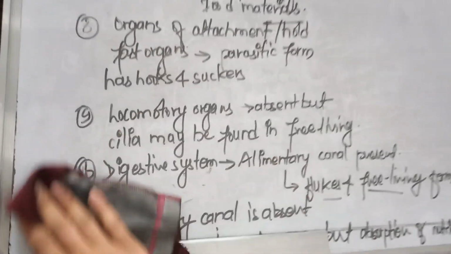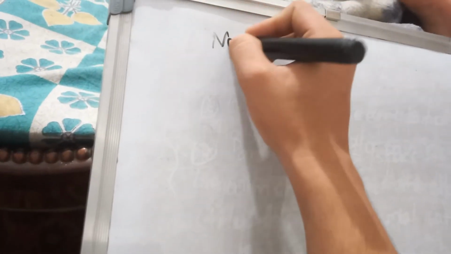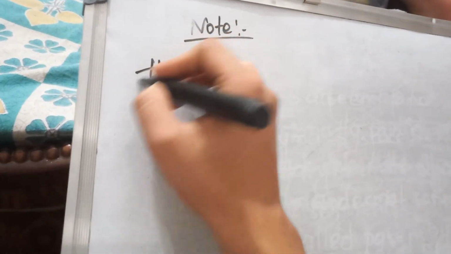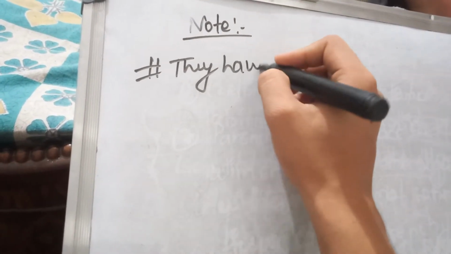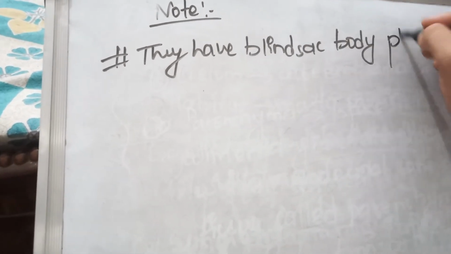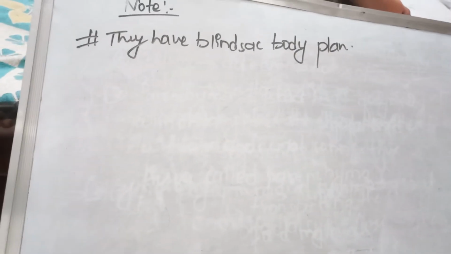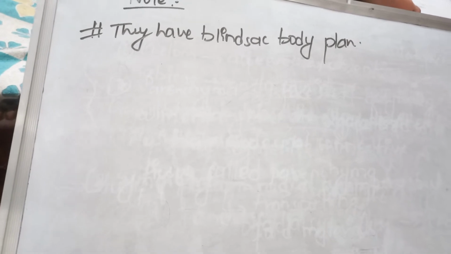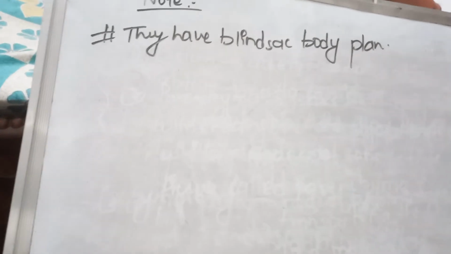Likewise, let us enter another point, not topic. We have read the alimentary or digestive system. In the note, you can write they have a blind sac body plan and directly absorb nutrients by their intestine.